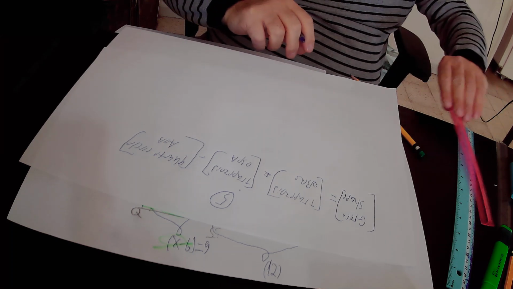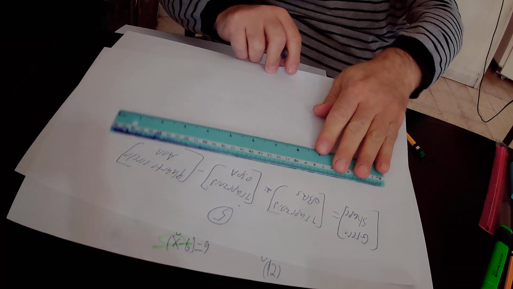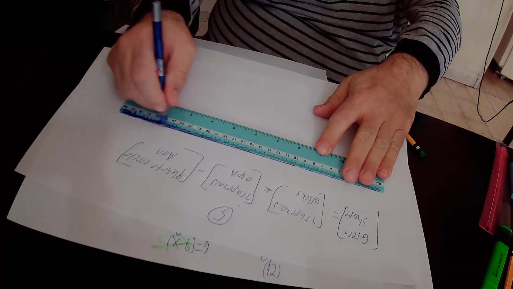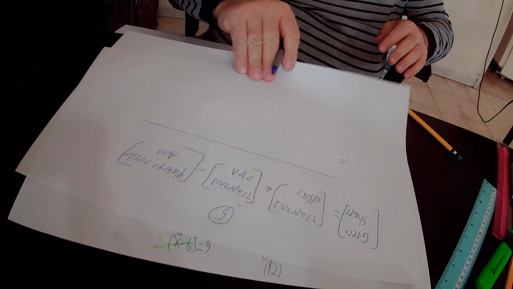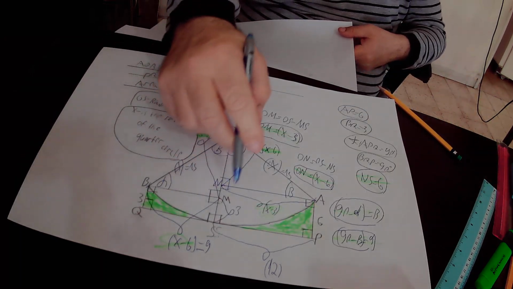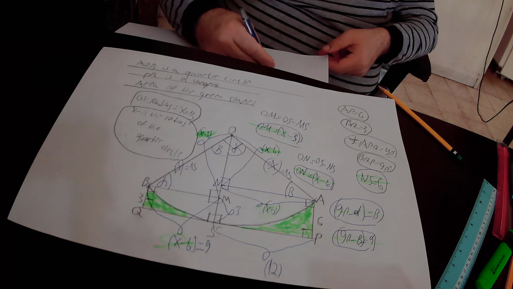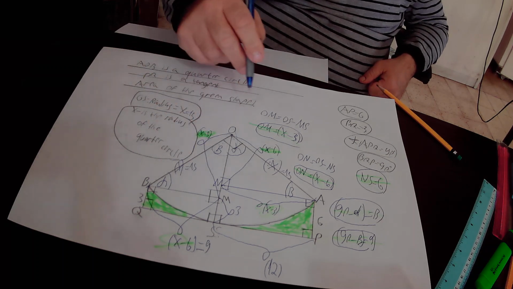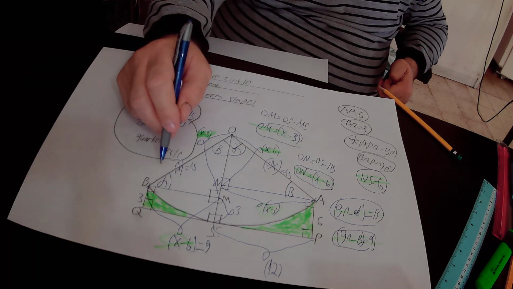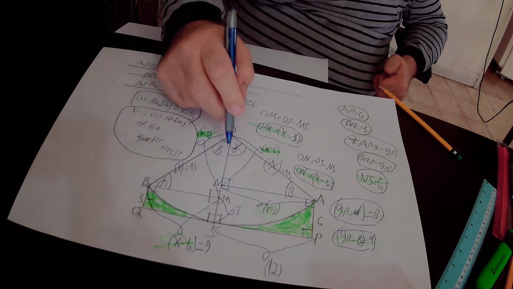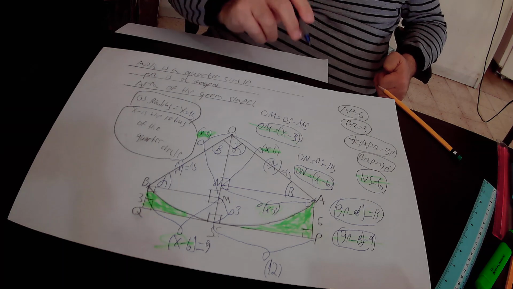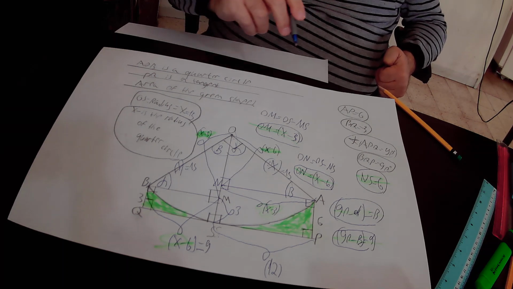Okay, so what is the area of this trapezoid OBQS? The area of trapezoid OBQS equals the sum of its bases, that is BQ plus OS, because BQ is parallel to OS. We proved it in the beginning of the lecture.